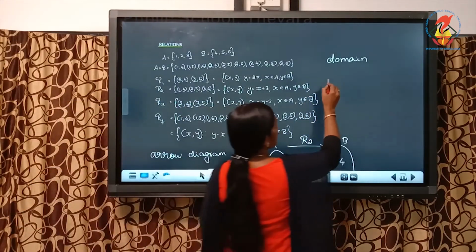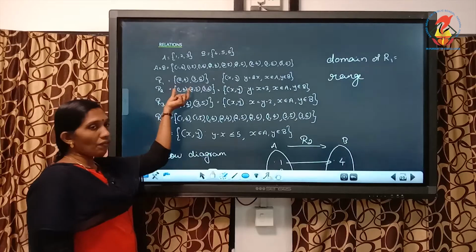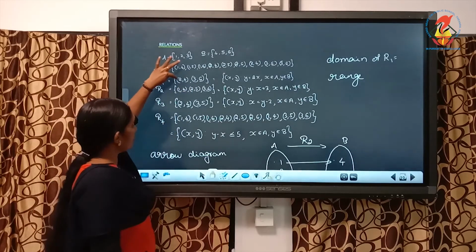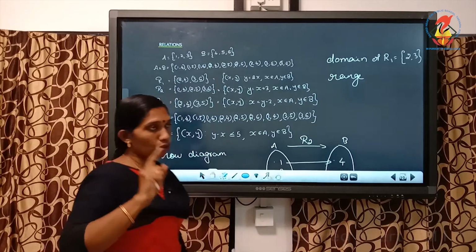Range means set of all second elements. So what is domain of R1? Domain means set of first elements. Which are the first elements? 2 and 3. So domain of R1 is {2, 3}. That is not an ordered pair, just the set 2, 3.